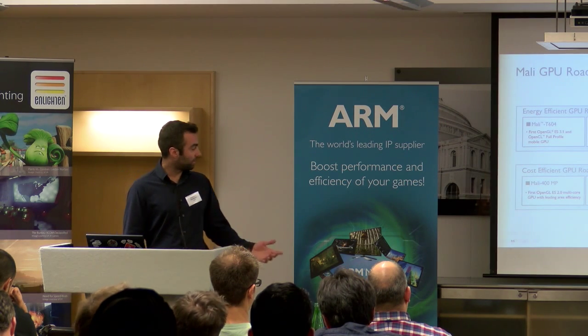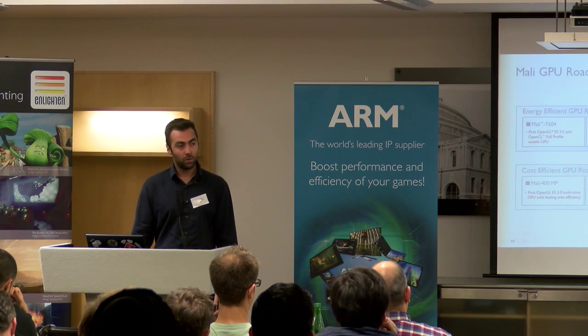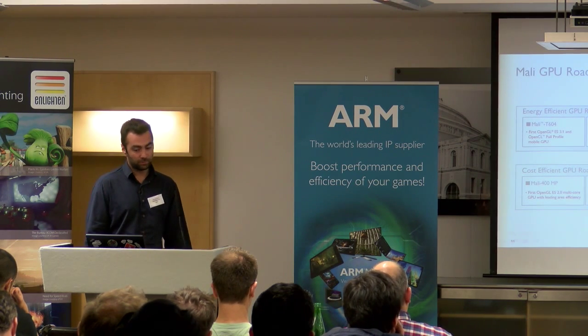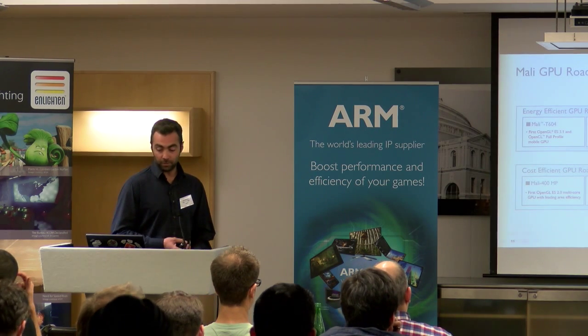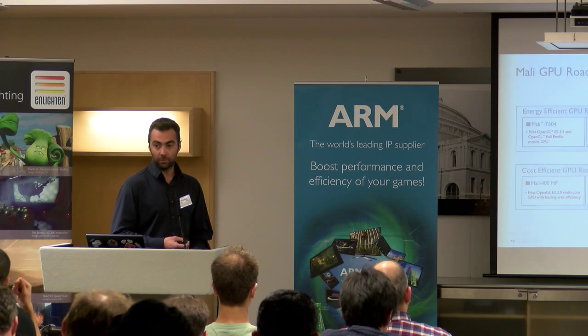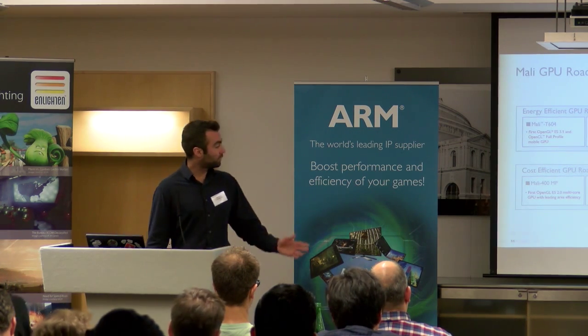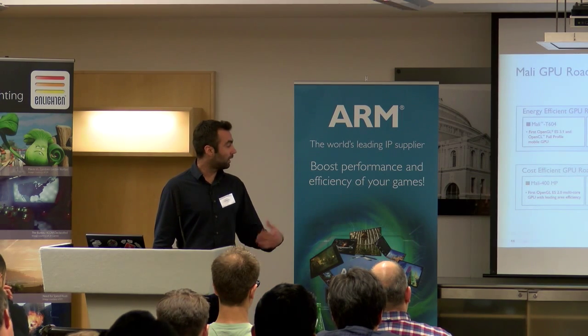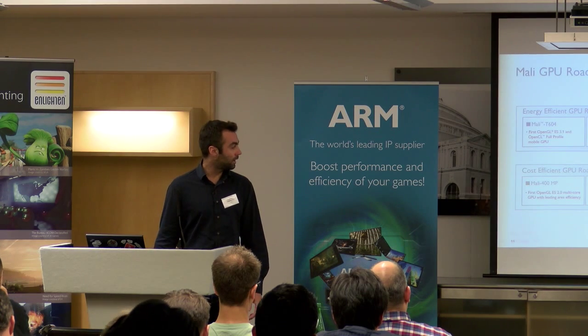And on the cost-efficient roadmap, we have started with Mali 400 GPUs, which is one of the most successful ARM GPUs out there, delivering the best performance density, so highest performance for a given area for GLES 2 applications. Then we have moved to Mali 450, which is doubling the number of cores and potentially doubling performance as well.